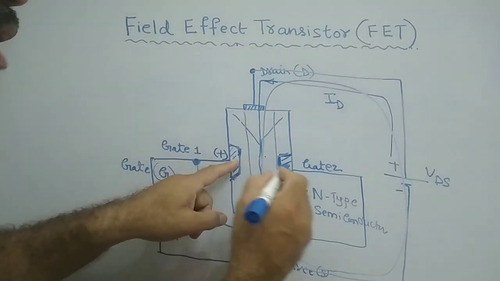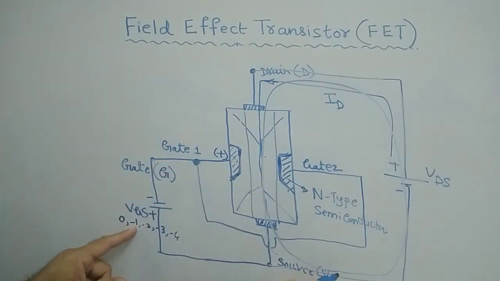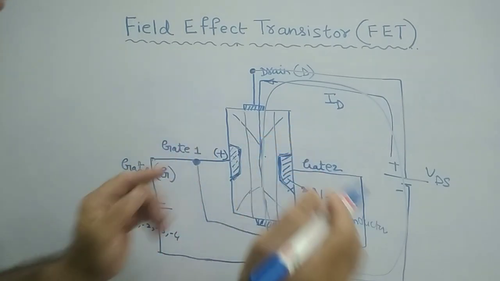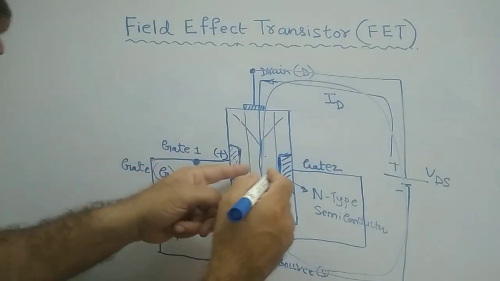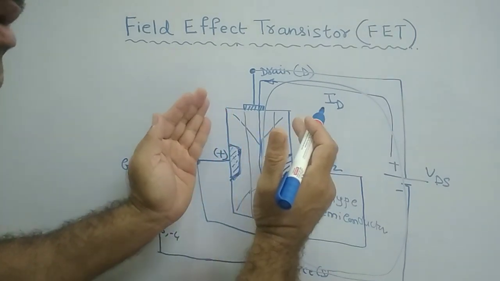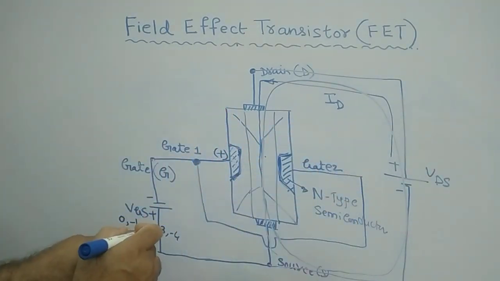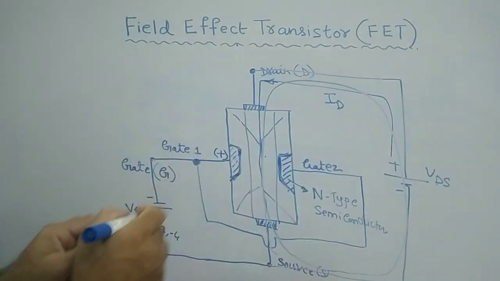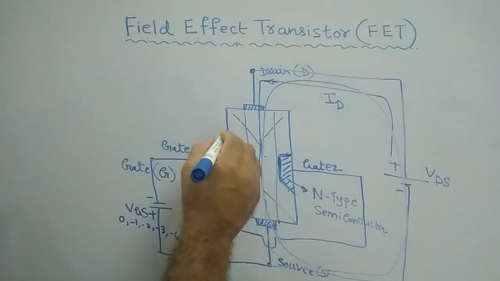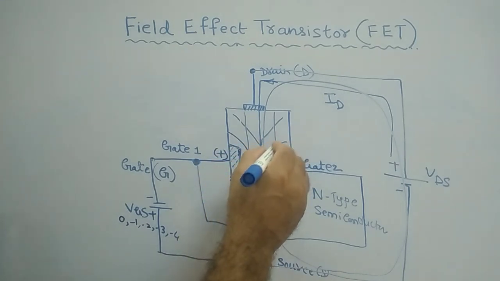If you give -2 volts, it increases a little more, and with -3 volts, a little more again. As you go on increasing, this width will go on increasing.